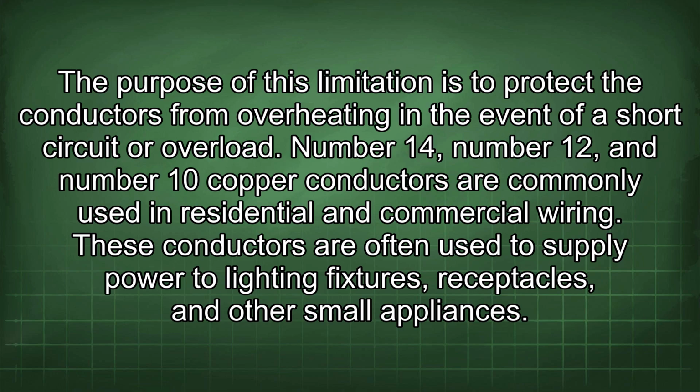The purpose of this limitation is to protect the conductors from overheating in the event of a short circuit or overload. Number 14, number 12, and number 10 copper conductors are commonly used in residential and commercial wiring. These conductors are often used to supply power to lighting fixtures, receptacles, and other small appliances.